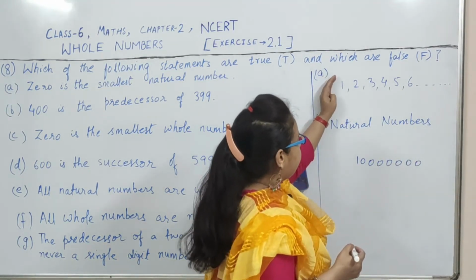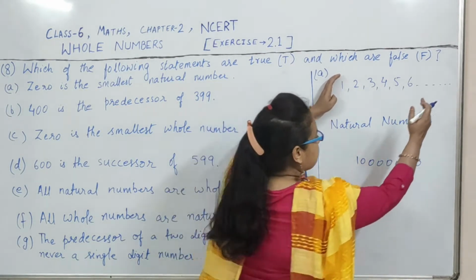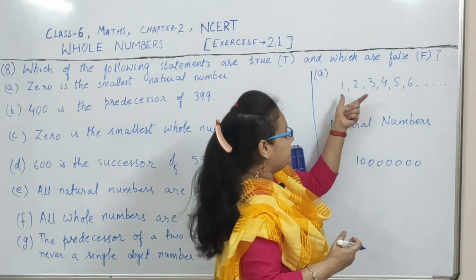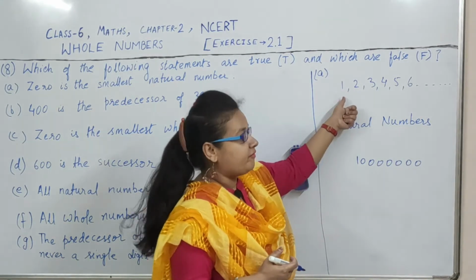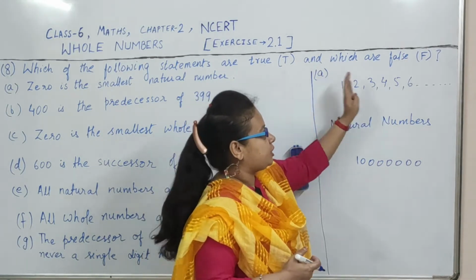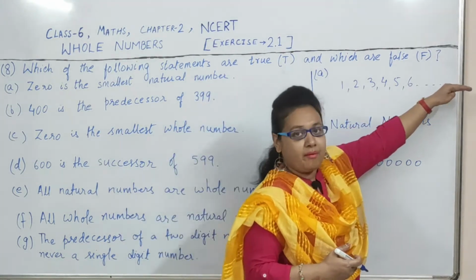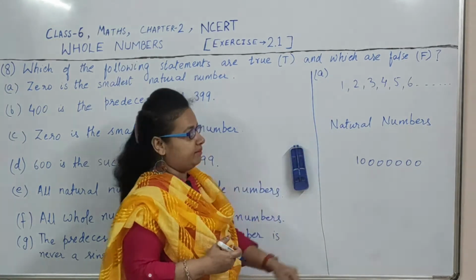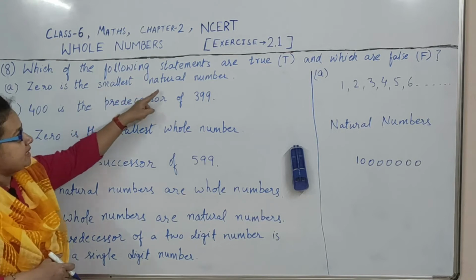So the collection of natural numbers starts with 1, and this collection doesn't have any end. It goes on endlessly. But the smallest natural number is 1. You have to remember this. So what is given in this statement? 0 is the smallest natural number.